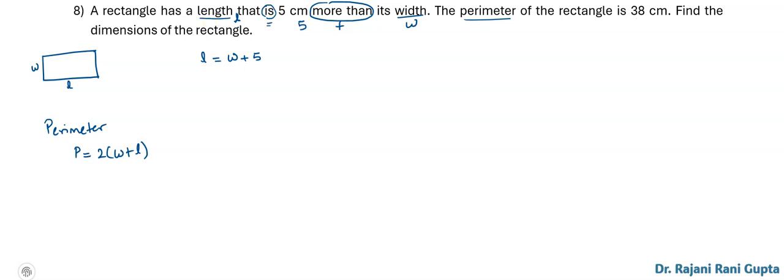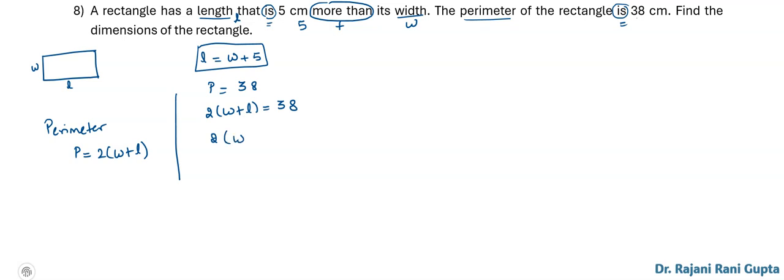The perimeter of the rectangle is 38. So it means 2 times (W plus L) is equal to 38. Now the value of L we can substitute from here. So this gives you 2 times (W plus W plus 5) equal to 38.